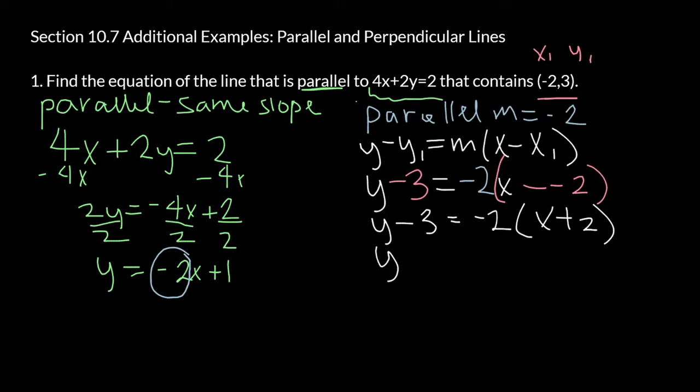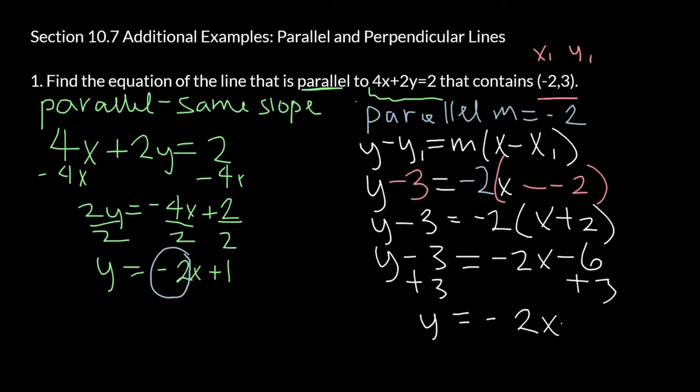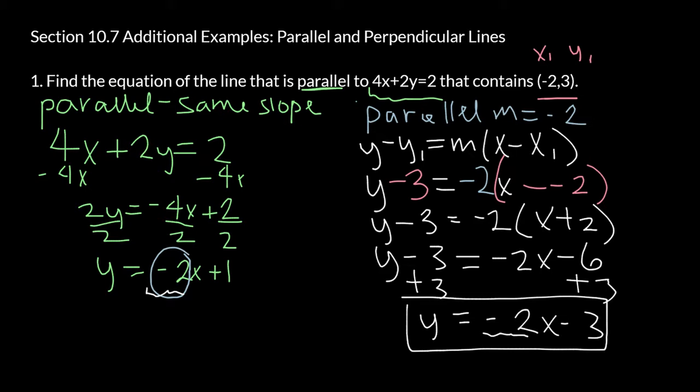And then we want to simplify this by distributing: negative 2x minus 4, and then move the 3 over. So y equals negative 2x minus 1 is the equation of our line that's parallel to the original line, but that goes through (-2, 3). We can see that it's definitely parallel because the slope is negative 2. The slope of the original line was negative 2.